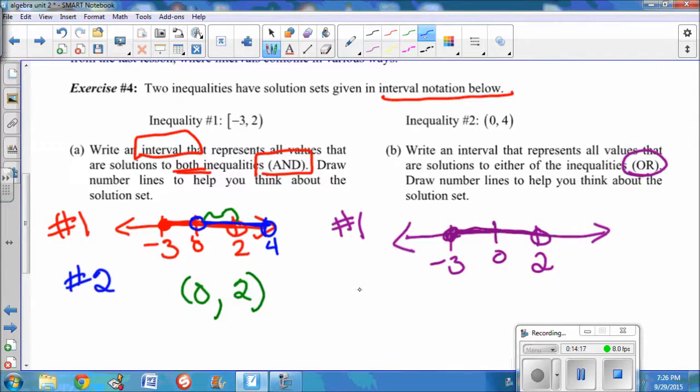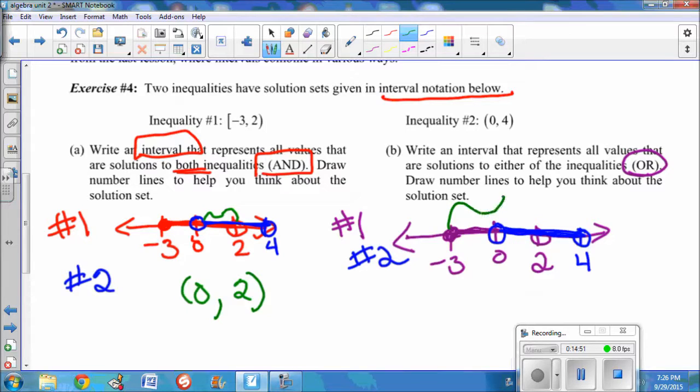And then inequality number 2, I'll put in blue, 0, don't include, up to 4, and don't include, and everything in between there. Now, because it is or, it could be true for one or the other to make the whole thing true. So what am I going to bracket in as my solution for this? Remember, one or the other could be true.